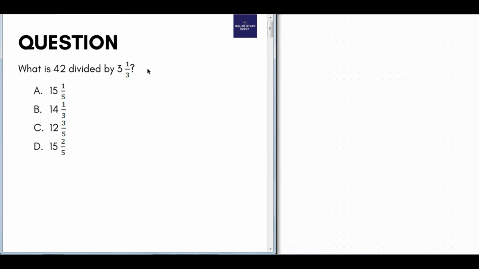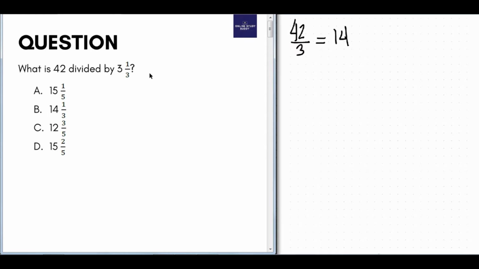So, isa sa fastest way na magbibigay sa atin ng clue kung ano ba yung sagot dito sa tanong na to is to divide yung 42 by yung whole number muna natin na 3. So, if we do that, 42 divided by 3, ang lalabas sa atin is 14.